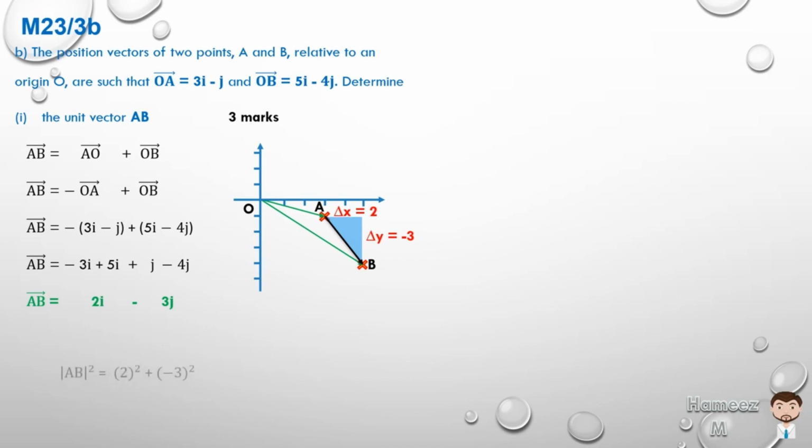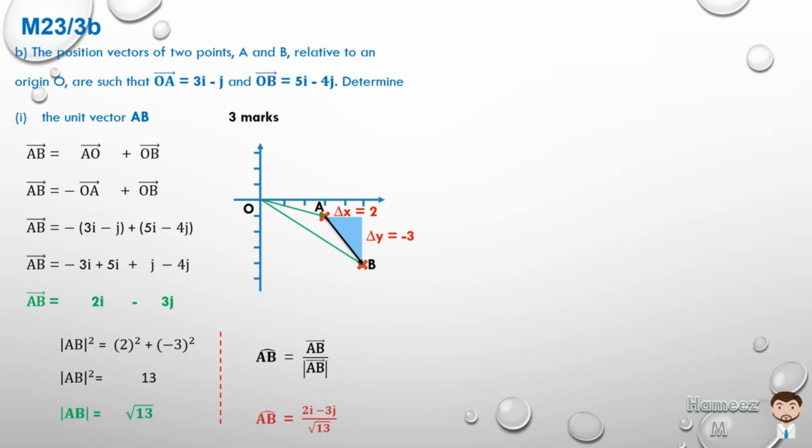So AB squared is equal to 2 squared plus minus 3 squared. 2 twos are 4, plus minus 3 times minus 3 is 9, and 4 and 9 is 13. So AB squared is equal to 13, so the length of AB, or the modulus of AB, is the square root of 13. As such, the unit vector of AB is the vector AB divided by its modulus, or its length. That will give us 2i minus 3j over the square root of 13. That's the unit vector of AB.